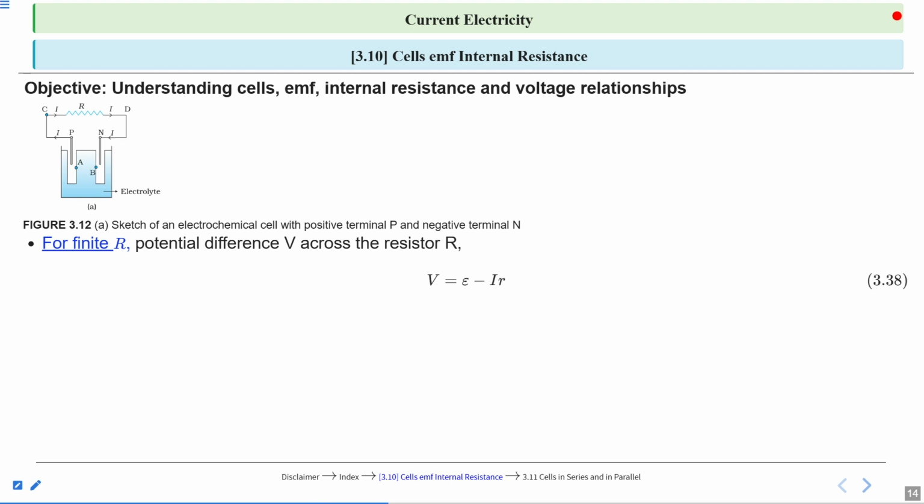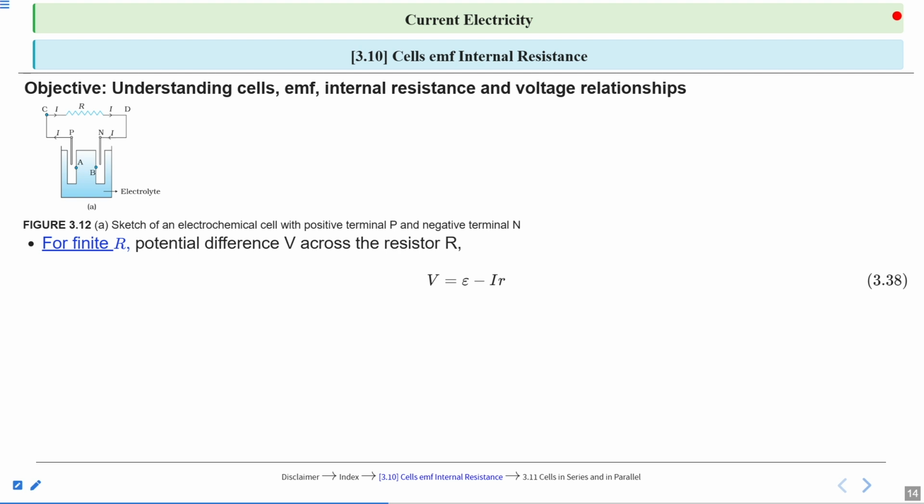So for finite R, the potential difference is V equal to E minus IR. Why are we subtracting this IR? V is equal to E when there is no current being drawn from the cell. The cell is not in use.